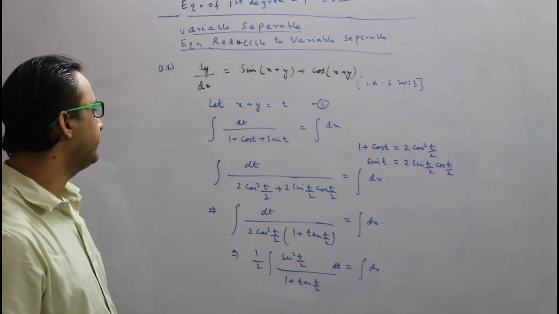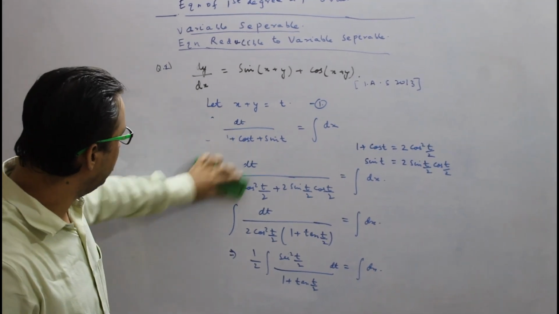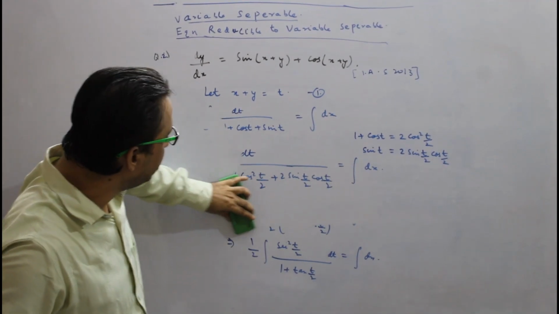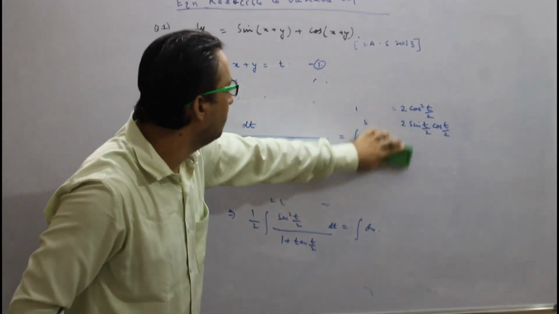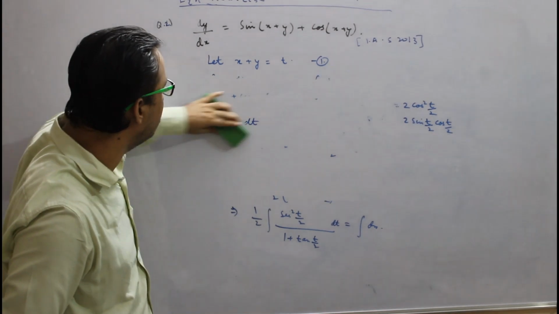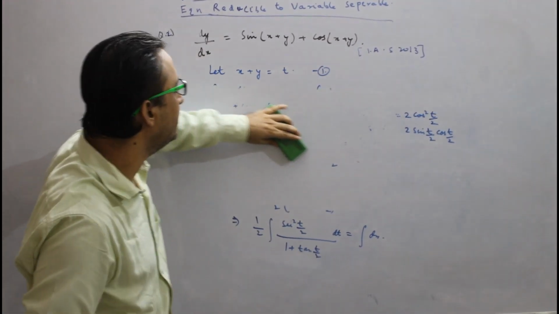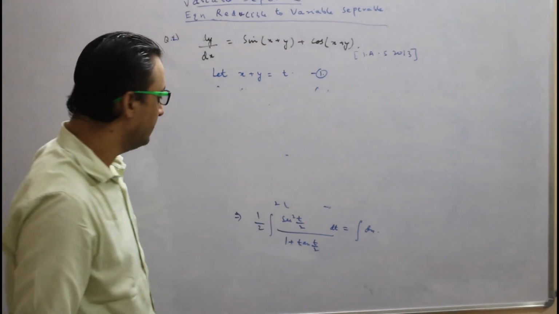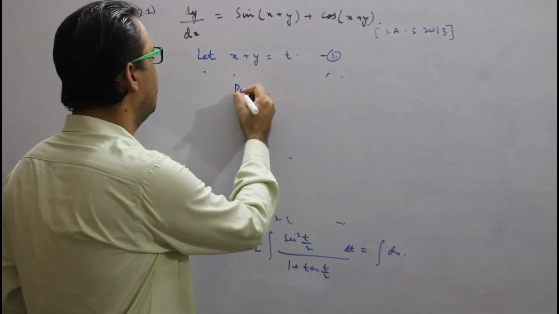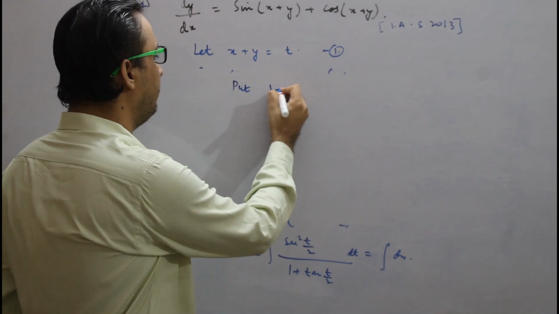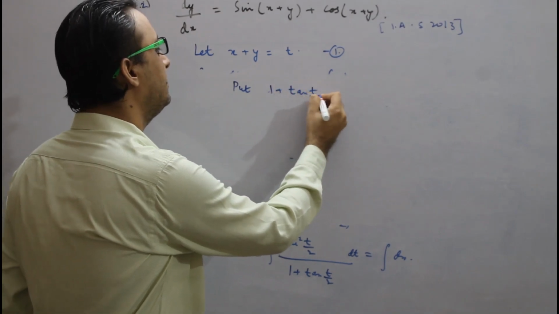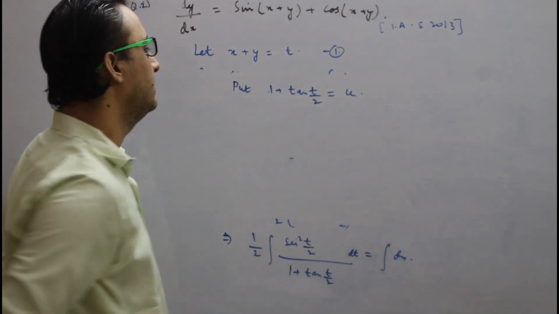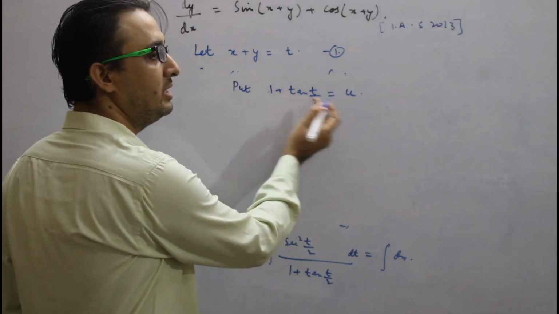Okay, so we will find this integration. Now we can see in this integration one thing, that the numerator is the derivative of the denominator. That is, if we put 1 plus tan t by 2 is equal to say u, then we can take the differentiation.